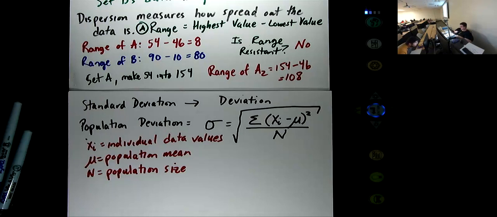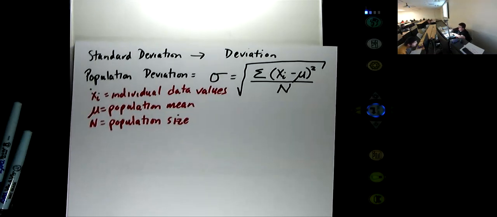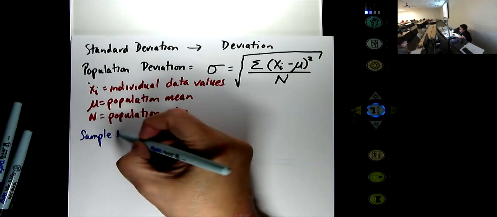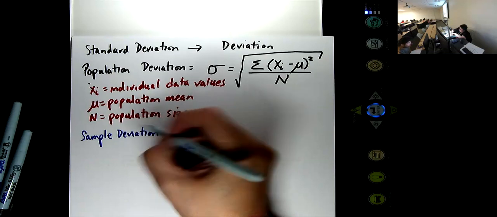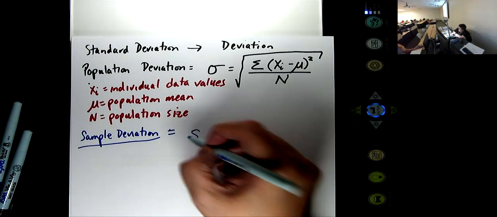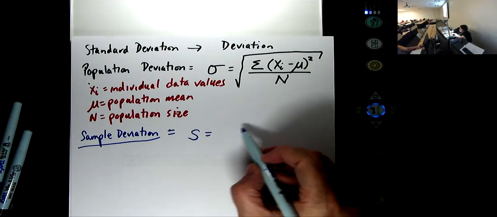Sample deviation, standard deviation isn't much better. In fact, it's not better. Here we use an S, and it has the same setup.